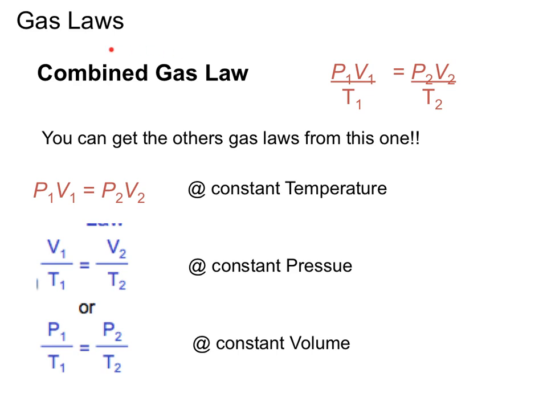And so the combined gas law interrelates pressure, volume, and temperature. So P1, V1, T1 represent the amount of gas at a specific pressure, volume, and temperature. P2, T2, and V2 represent a new set of conditions which we can compare to the original set.